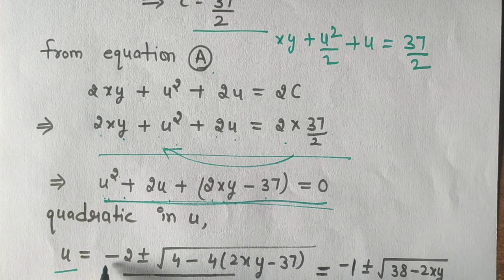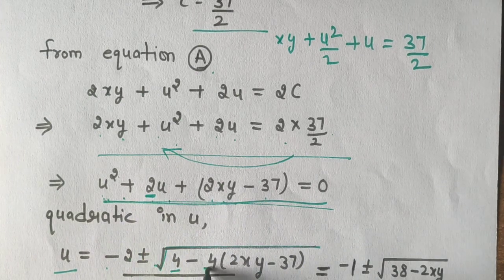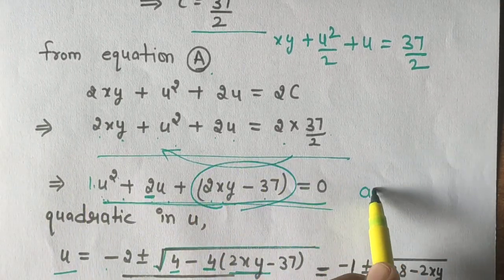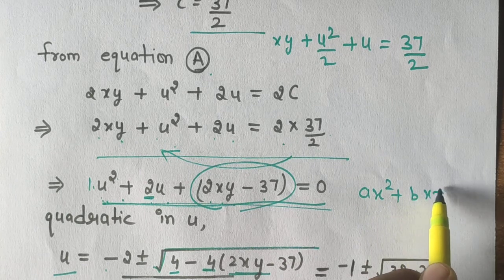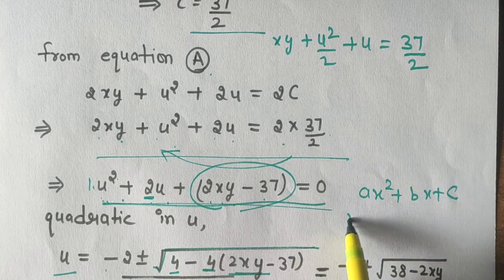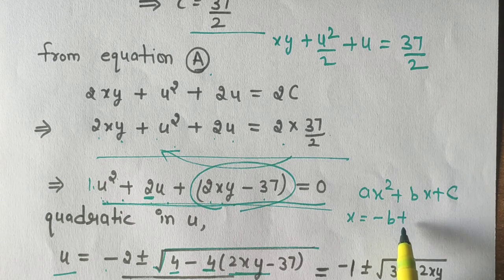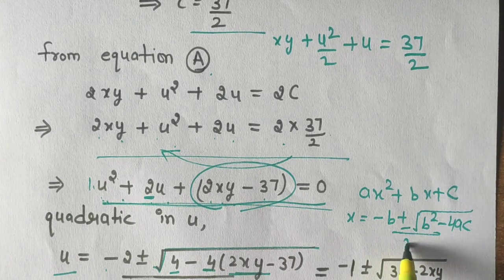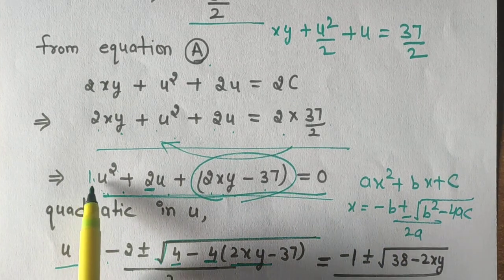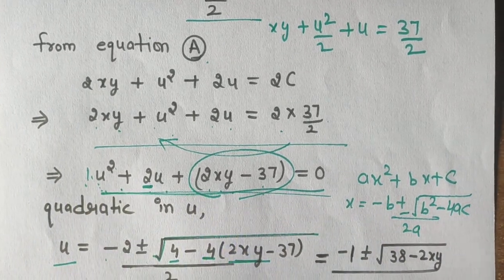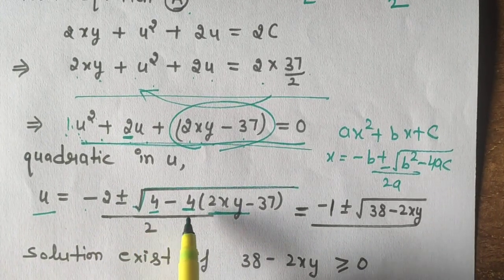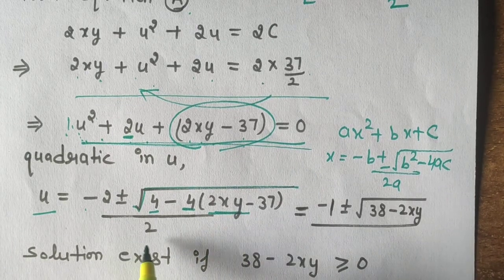Then u is equal to minus b plus minus square root of b square minus 4ac divided by 2a. A is 1 and the value of c is this, because this compares with this equation. Then compare the values of a, b and c, and the value of u is minus 2 plus minus square root of 4 minus 4 into 2xy minus 37 divided by 2.